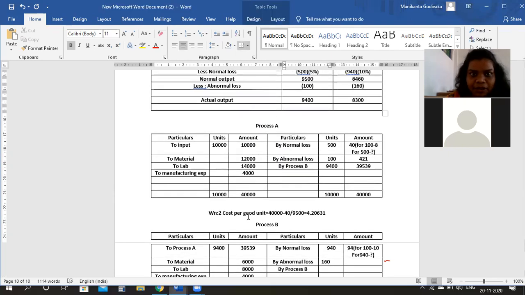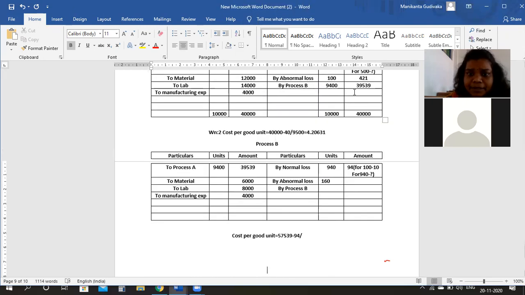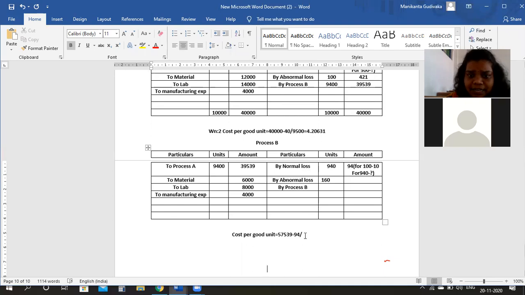Again, I have to get my normal output out of the working note number 1, that is 8,460. So please take 8,460 here and tell me the answer. 6.79018. Right. So please multiply this, ma, 160 into 6.79018 to get the value of your abnormal loss.